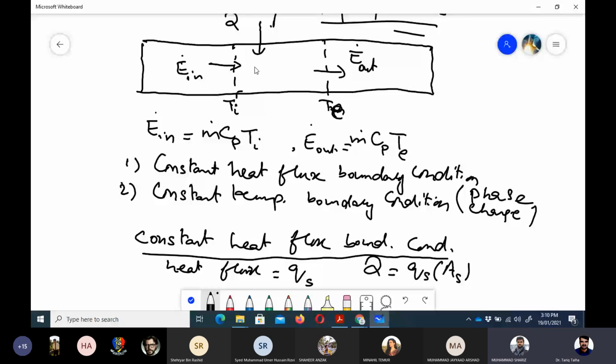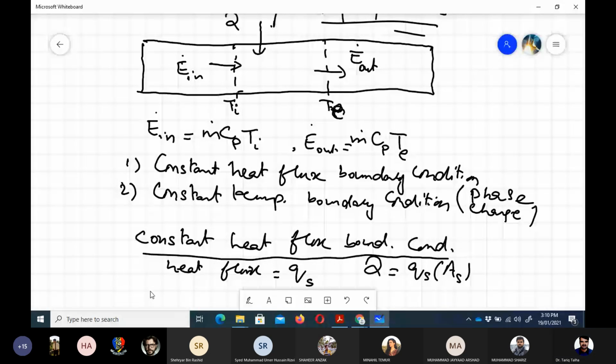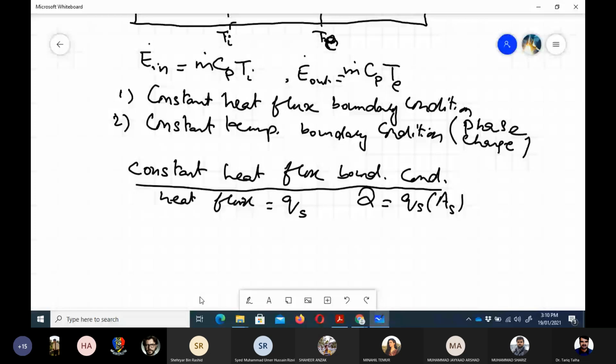So now in this case, we can write E dot in plus Q is equal to E dot out.